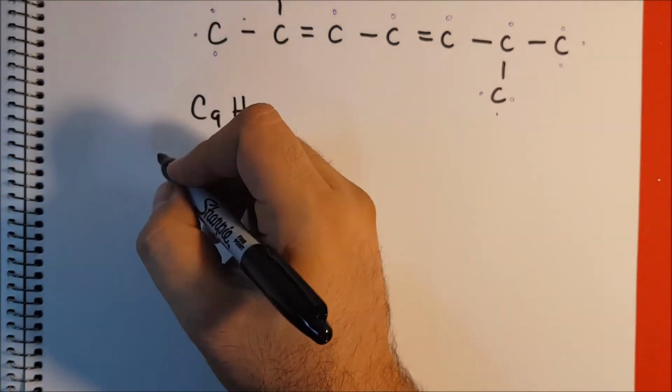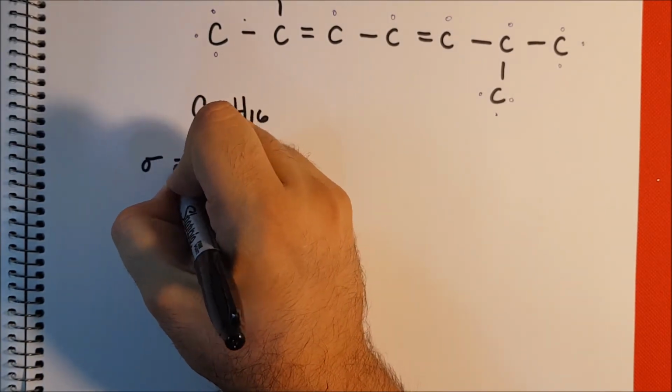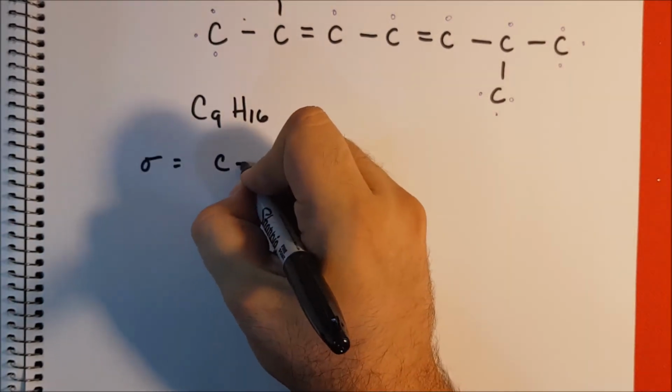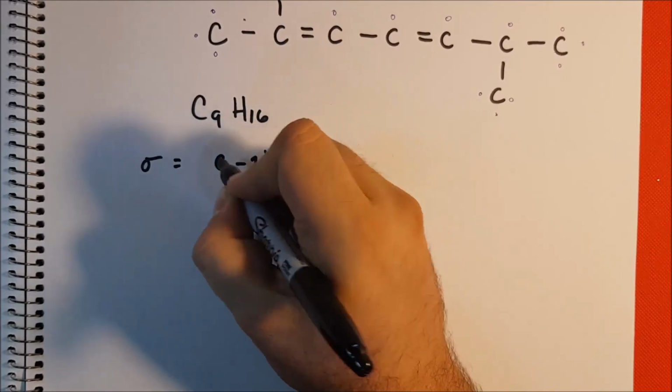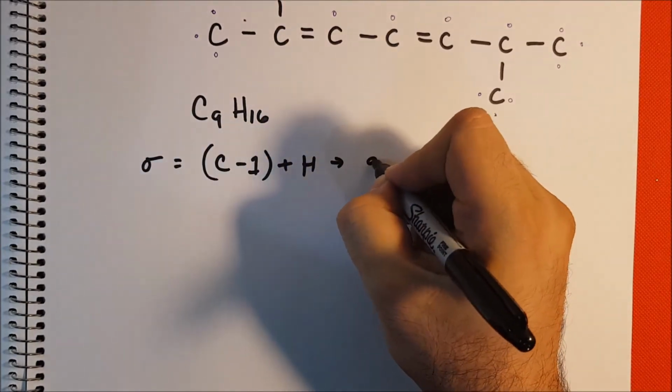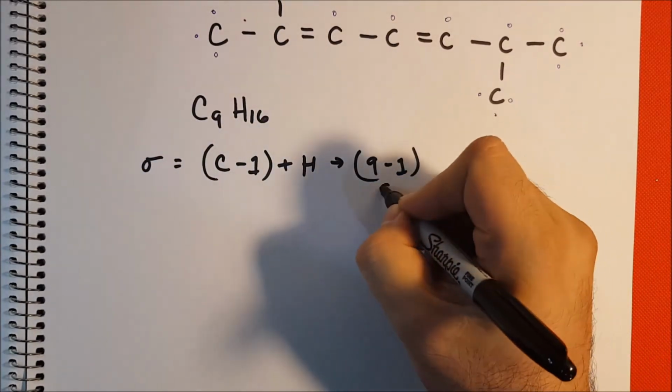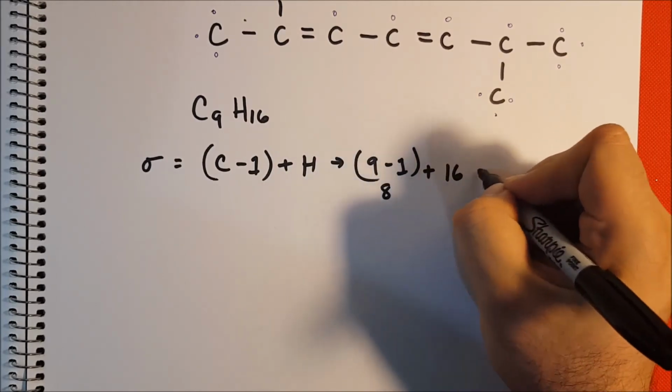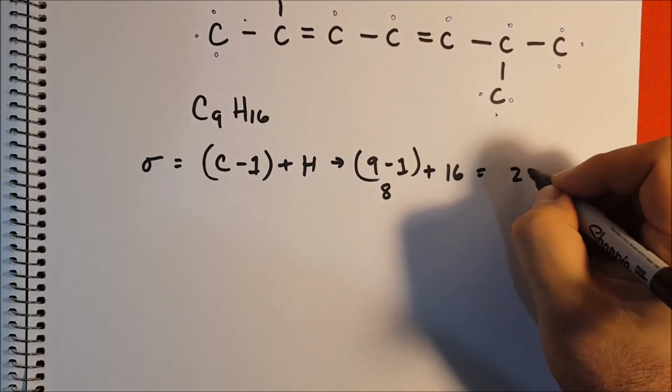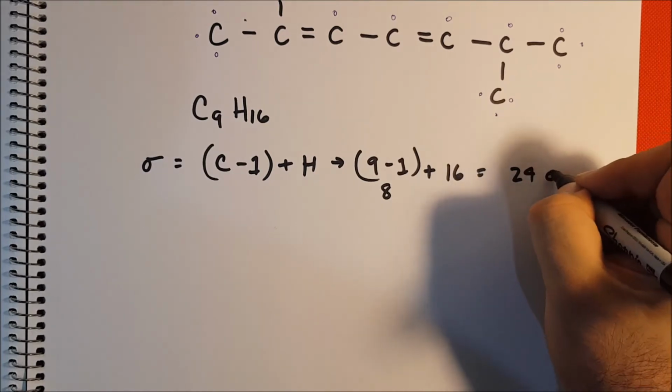So, the formula I showed you for sigma bonds is carbon minus 1 plus hydrogen. So, that would be 9 minus 1, which is 8, plus 16. That means we have 24 sigma bonds.